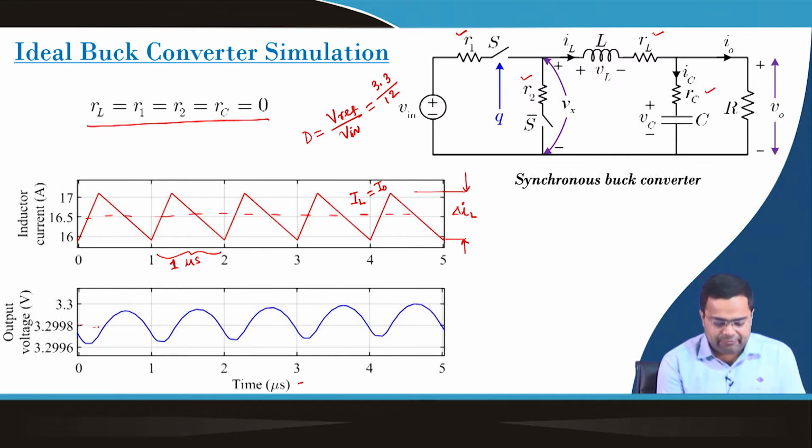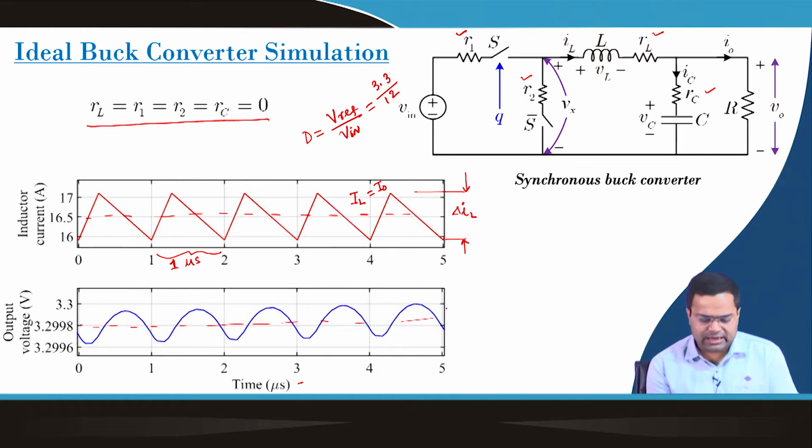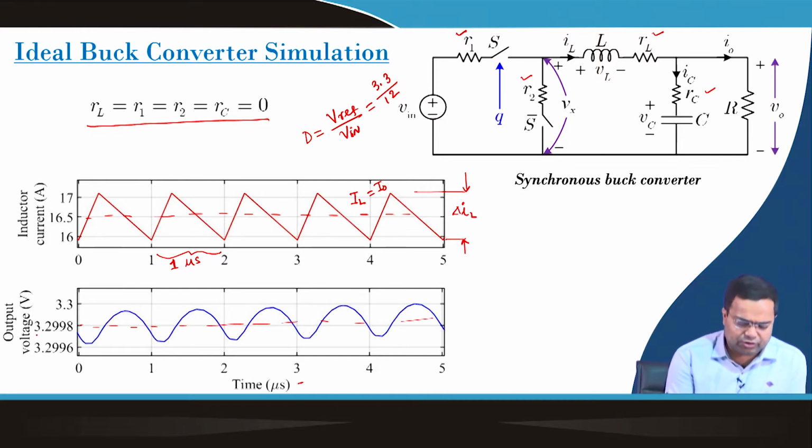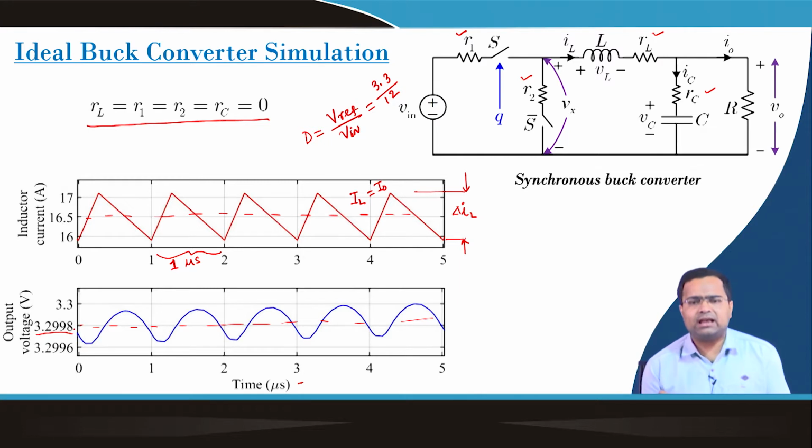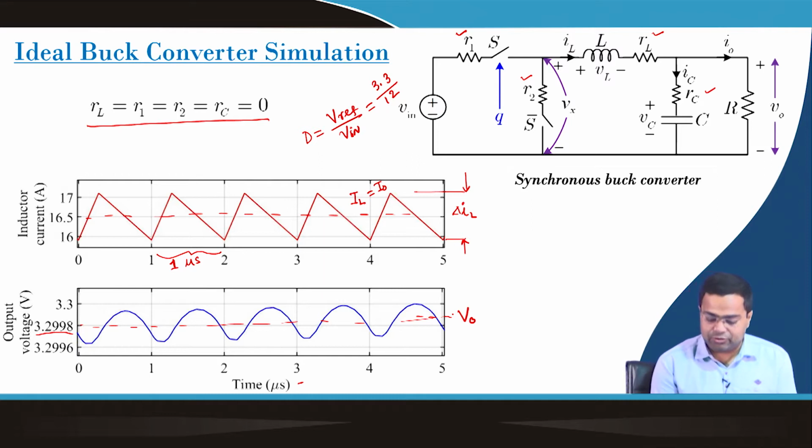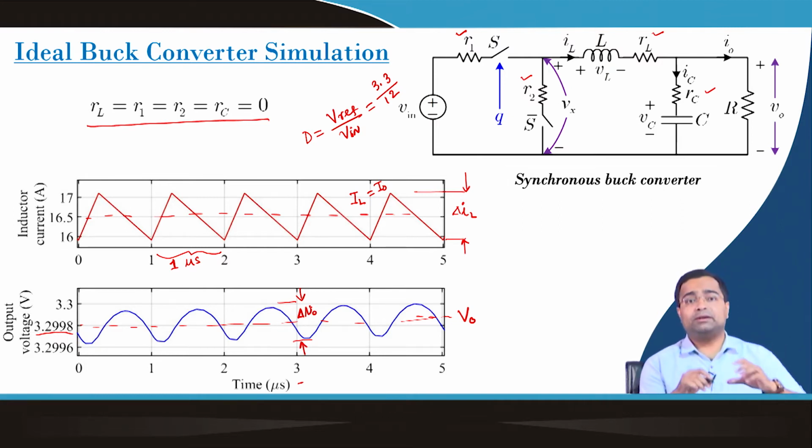And if we take the average value of the output voltage, it is almost 3.3, because it is 3.2998, which is almost 3.3. So this value is our V0, that means the average value, and we are also discussing this part, which is nothing but delta V0, that is my ripple output voltage.